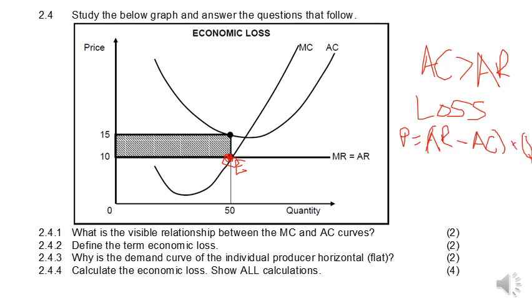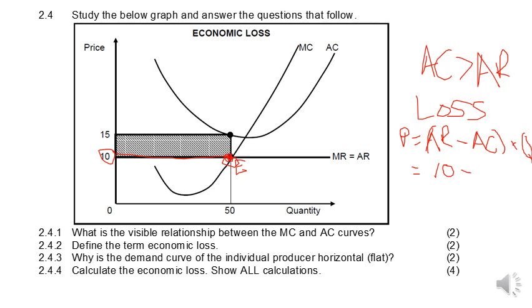Excuse my writing, I'm really not good at this. So average revenue at equilibrium, remember we read off this axis, and off our revenue curve. So our average revenue is 10.